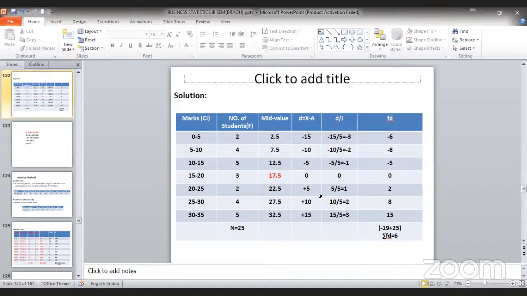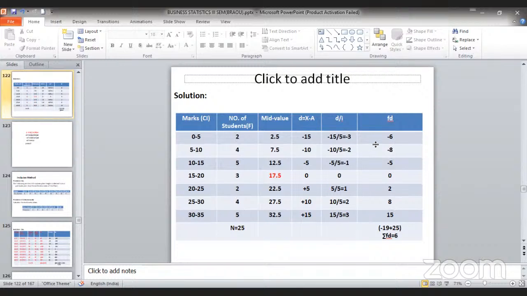Now with this D, F should be multiplied with the corresponding D value. 2 into minus 3 is minus 6, 4 into minus 2 is minus 8, 5 into minus 1 is minus 5, then 0. 2 into 1 is 2, 4 into 2 is 8, 5 into 3 is 15.